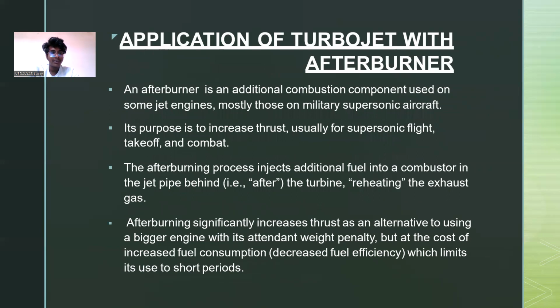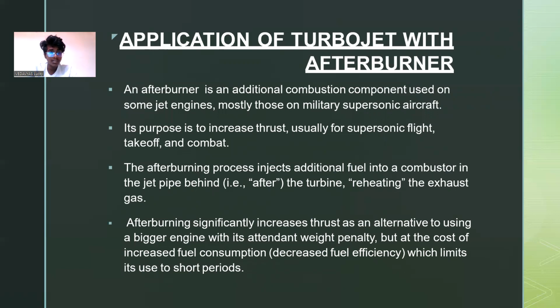Coming to the application of turbojet with afterburner, an afterburner is an additional combustion component used on some jet engines, mostly those on military supersonic aircraft. Its purpose is to increase thrust, usually for supersonic flight, takeoff, and combat.